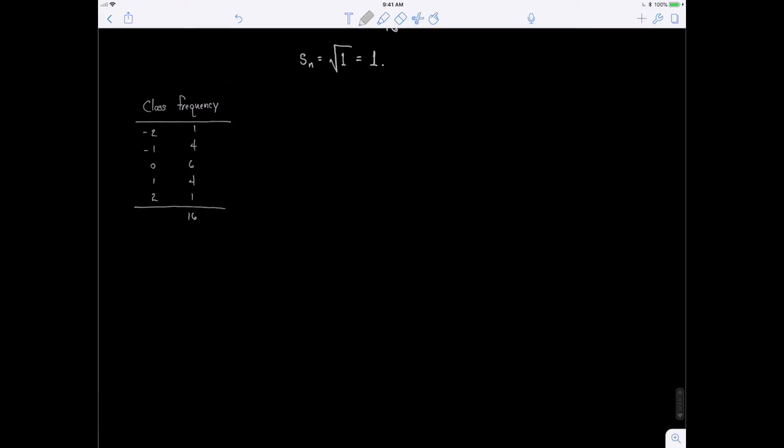Okay. So if I make a histogram, I'm going to have my class boundaries. Well, let's just do this. So here's what I have. Here's my -2, here's a -1, here's a 0, here's 1, and here's a 2. So my class boundaries are going to be the half unit.